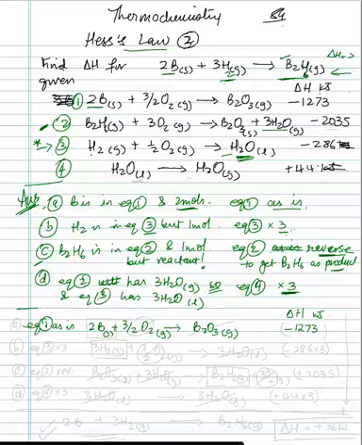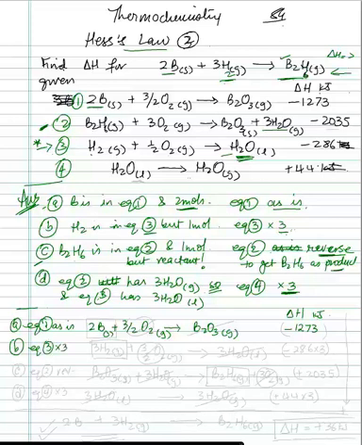That was our first strategy. Then our second strategy was to take equation number 3, which was hydrogen, and multiply it by 3. So equation number 3 multiplied by 3.